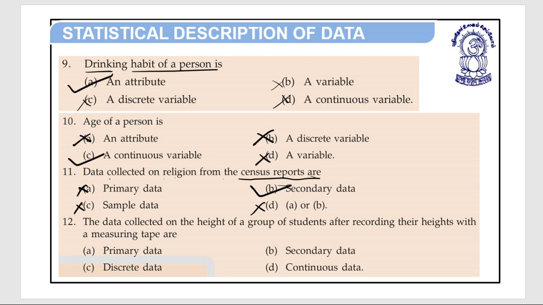The data collected on the height of a group of students after recording their heights with a measuring tape are: here the data is collected for the first time using a measuring tape, measuring the height of the group of students.